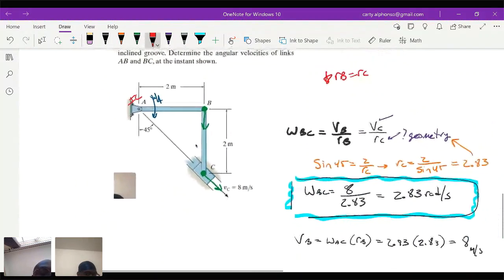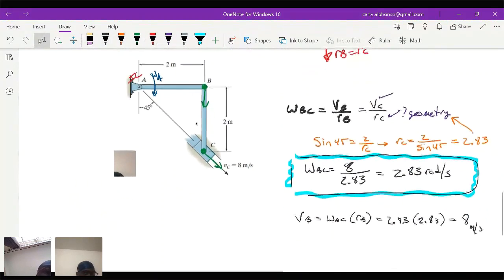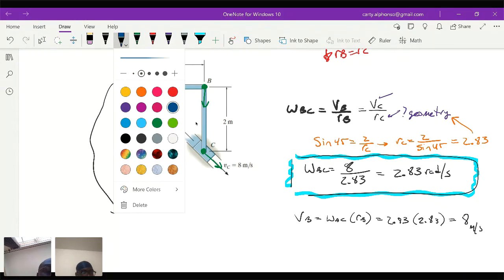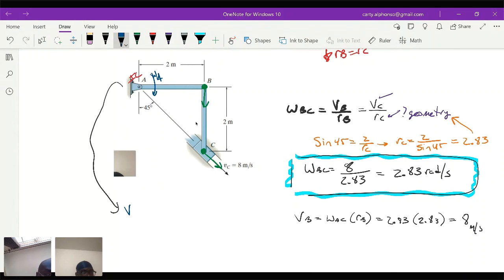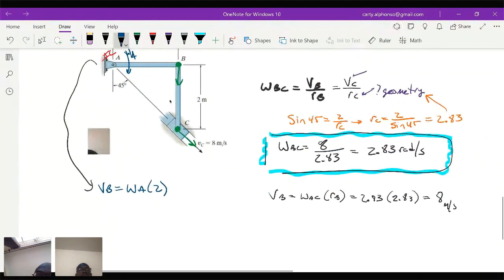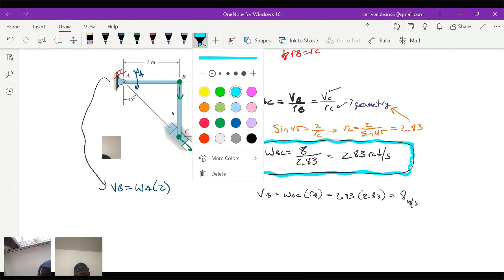Yeah. All right, great. So that being said, for this bar right here, I'll put it in dark blue because it was already in dark blue. VB for this bar equals WA times this distance right here, which is 2. Now, I want you to see something very particular.